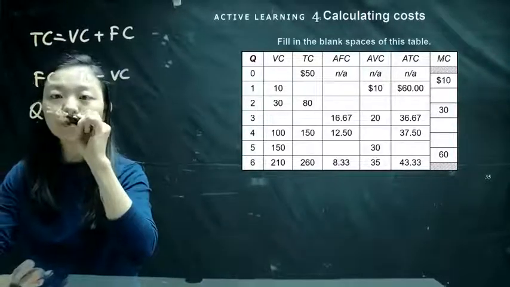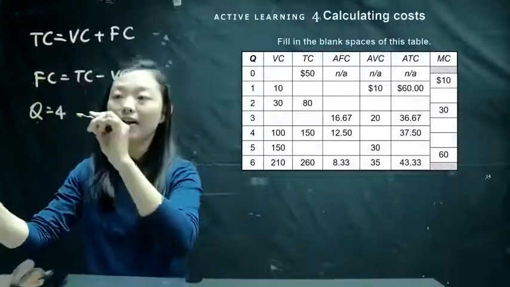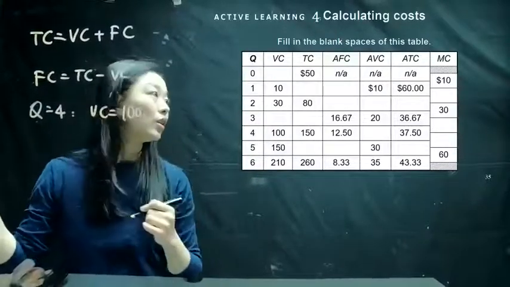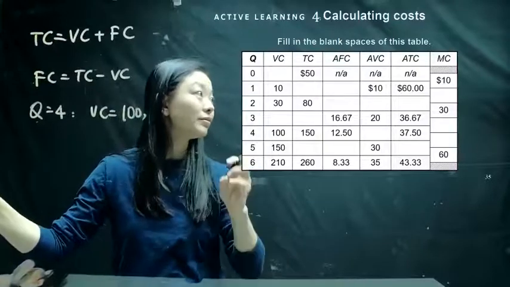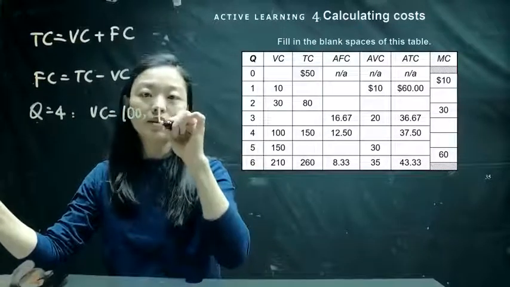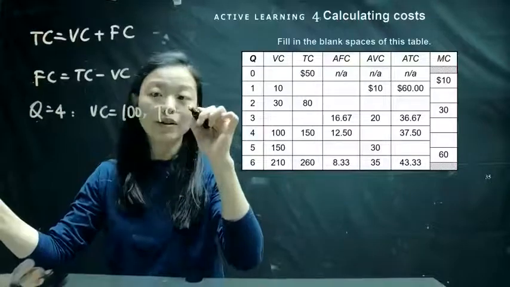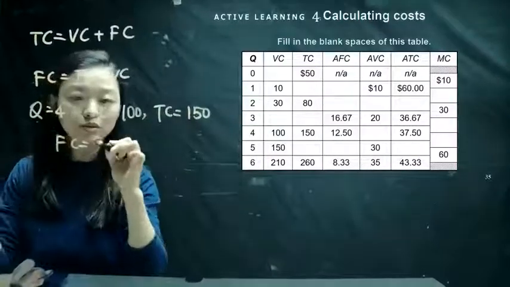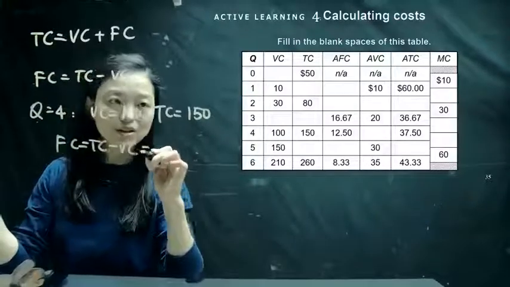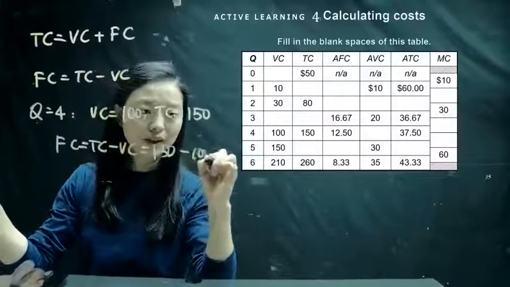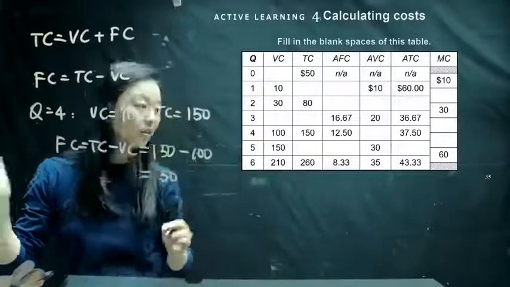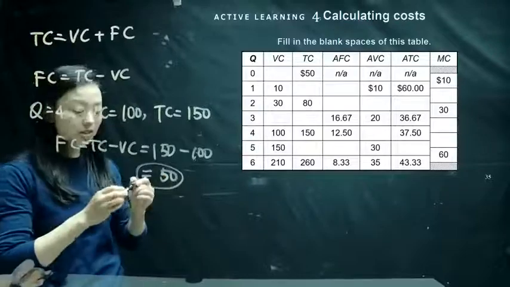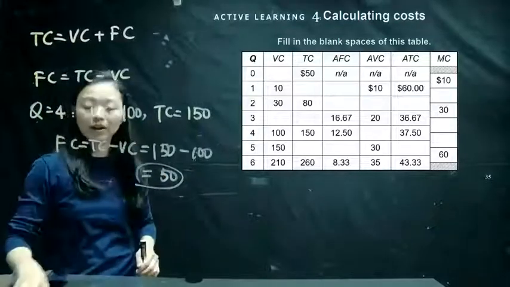We have variable cost equal to 100 and total cost equal to 150. So can you get the fixed cost now? Fixed cost is just total cost minus variable cost. That's 150 minus 100, so we get 50 as the fixed cost. So this can be obtained immediately.